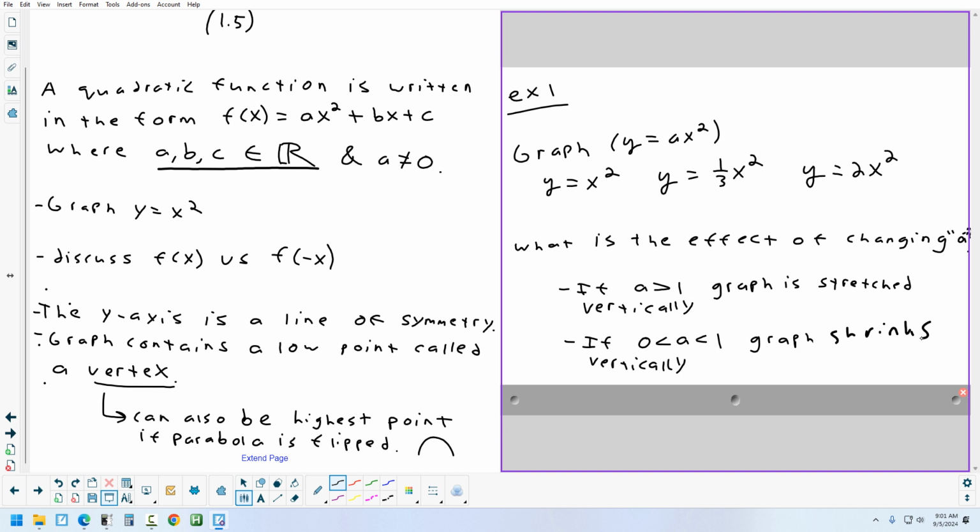If the A value is between 0 and 1, then the graph is going to shrink vertically. And in this case, it pretty much makes sense. The bigger number causes it to stretch and get bigger. The smaller number causes it to shrink and compress down and get small.